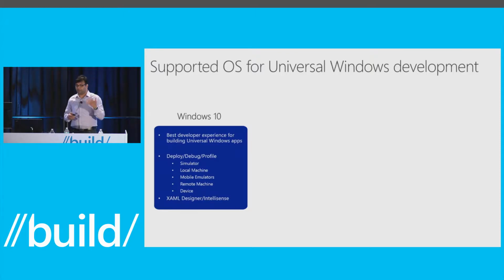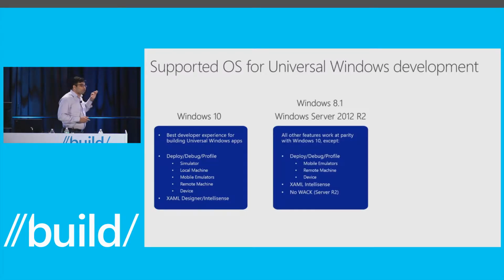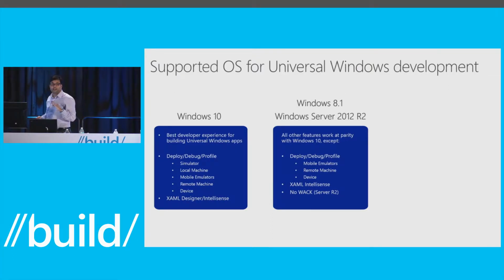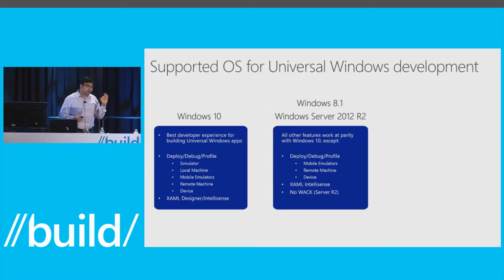If you're doing UI design, then when you're running on Windows 10, you can use the XAML Designer in Visual Studio and Blend to see how your application will look at runtime. But for the first time, Visual Studio is now going to support Universal Windows app development on previously released versions of the OS as well, right? So you can install Visual Studio 2015 RC on a Windows 8.1 machine and develop a Universal Windows app.